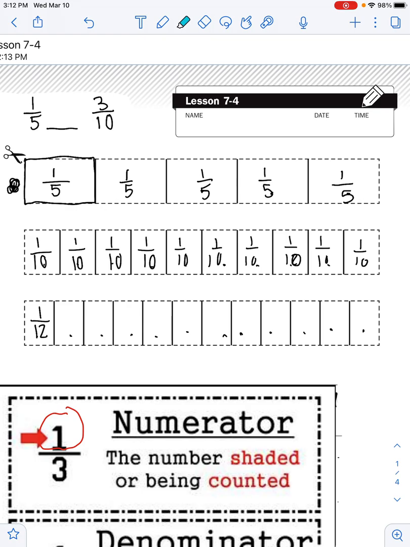So 1/5, I can represent that by just filling in one of the pieces for the fifths, okay? And then I'm gonna do that same thing with 3/10. If I have 3/10, I just have 3 of these pieces, because 1/10, 1/10, and 1/10 is, well, 3/10.